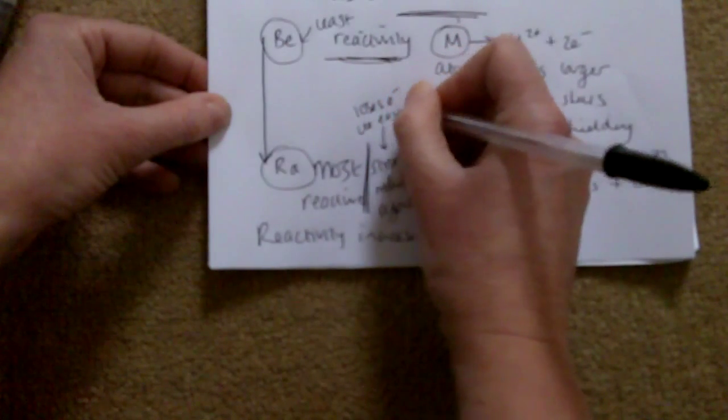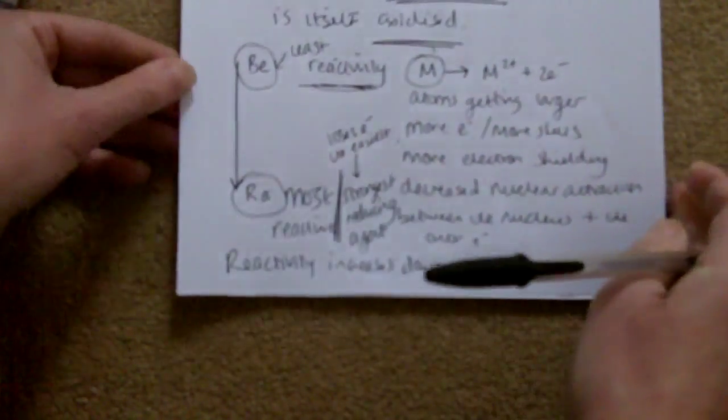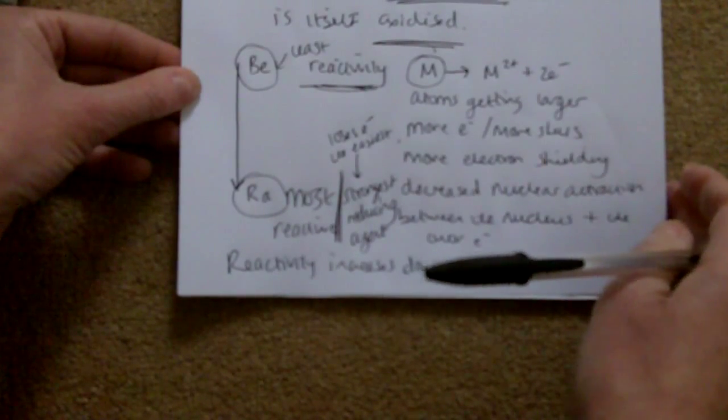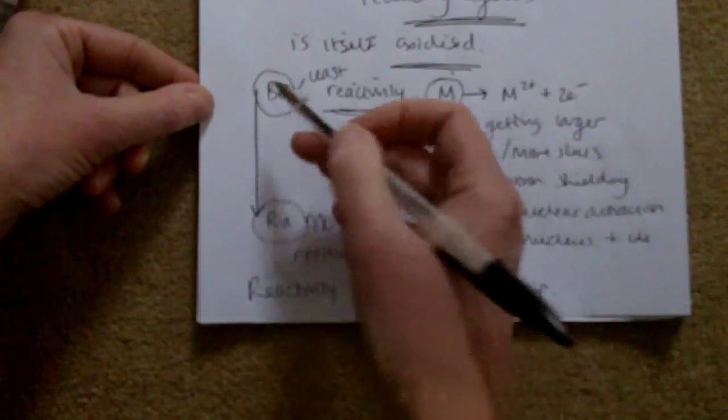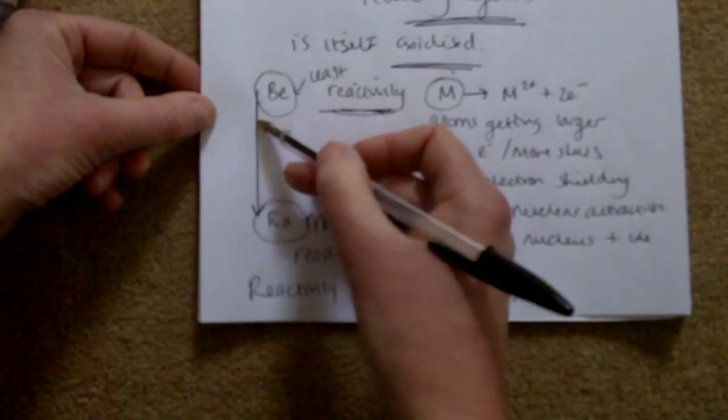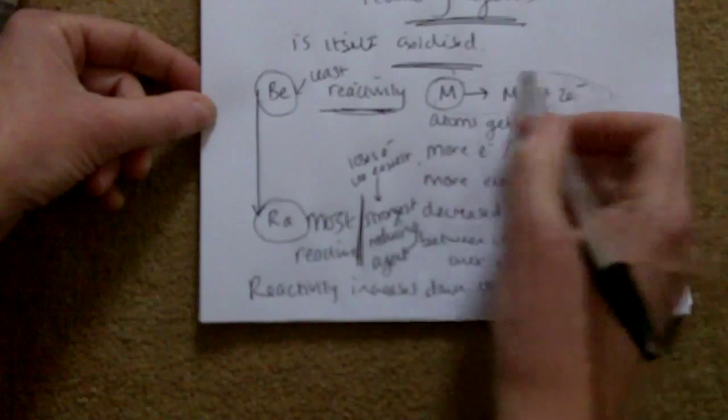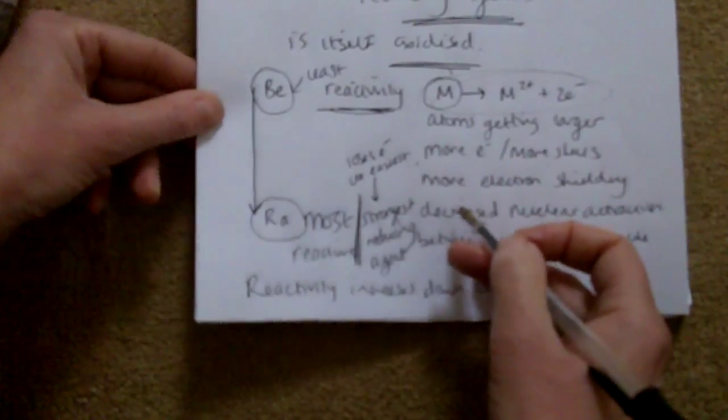Finally, we need to know the trend in ionization energy. So it's very similar. In order to form a 2+ ion, that's happening in steps.